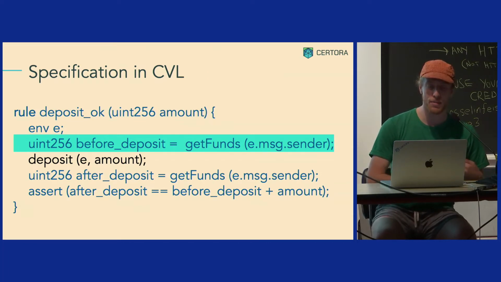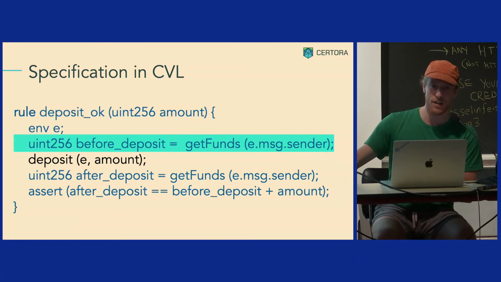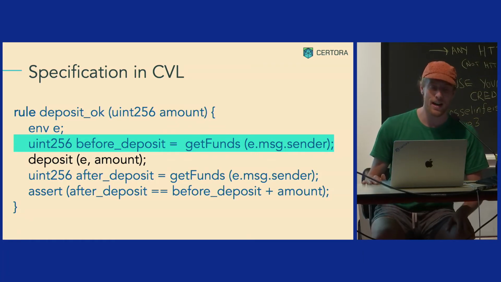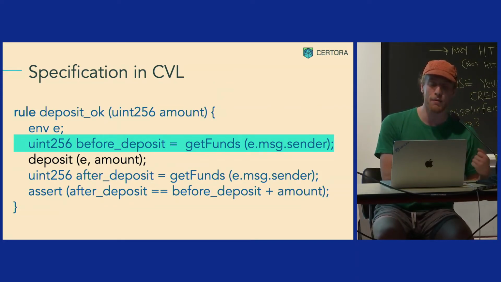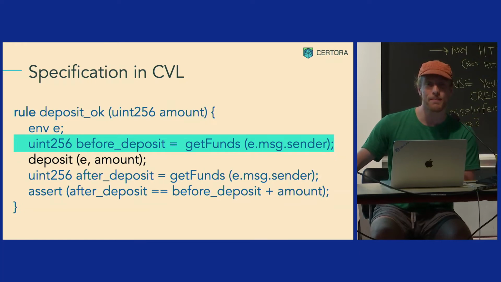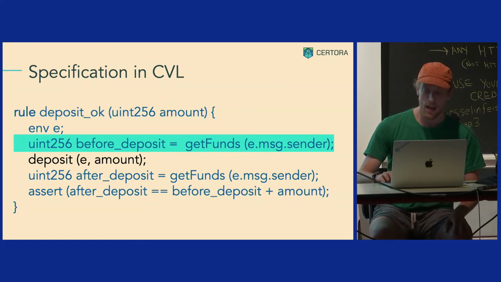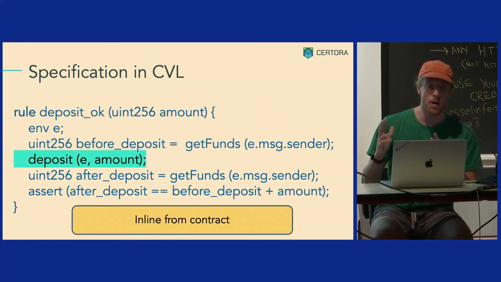So we're saying before deposit equals whatever the funds are at that point. Essentially, the precondition is that before deposit has whatever this value is in the contract state. That's our precondition. Then deposit would be our S.